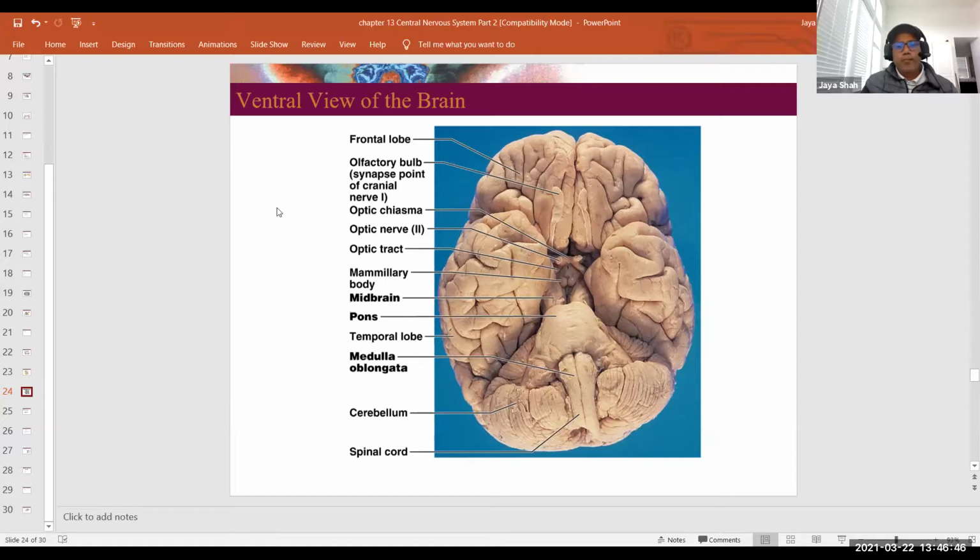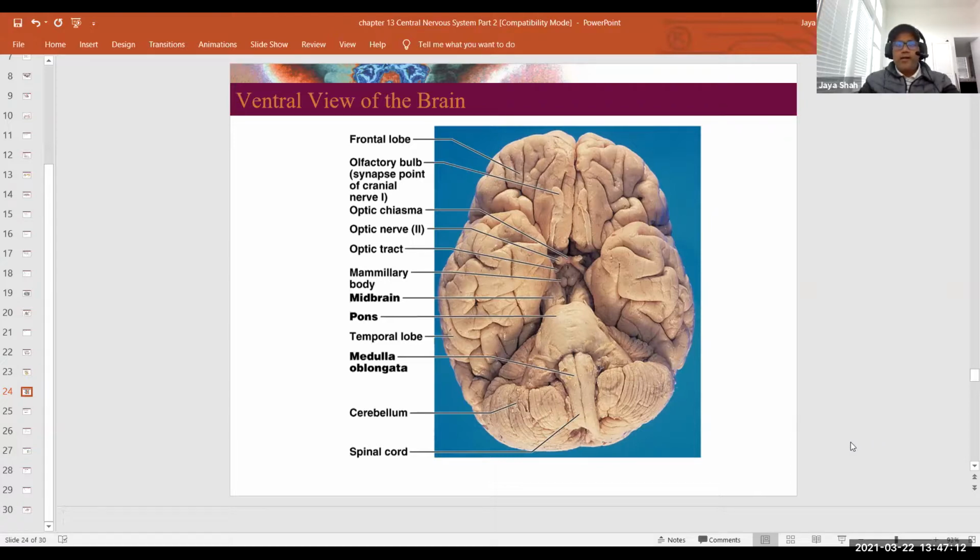The pons helps the medulla oblongata to maintain rhythmic respiration. Okay, so autonomic respiration is maintained by the rhythmicity center in the medulla oblongata with the help of the pons.